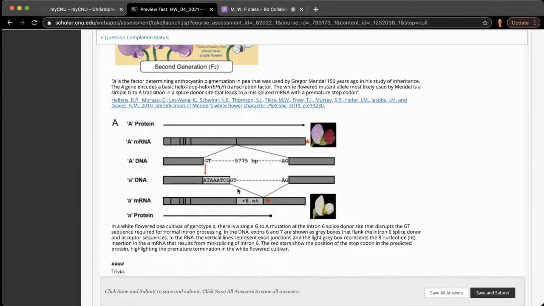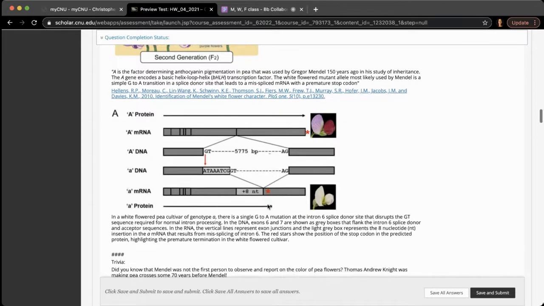So there is this extra piece that originally was intron, but now it's an exon, and then there's an early termination here. Instead of terminating over here, you terminate here. So your transcription factor is now shorter.